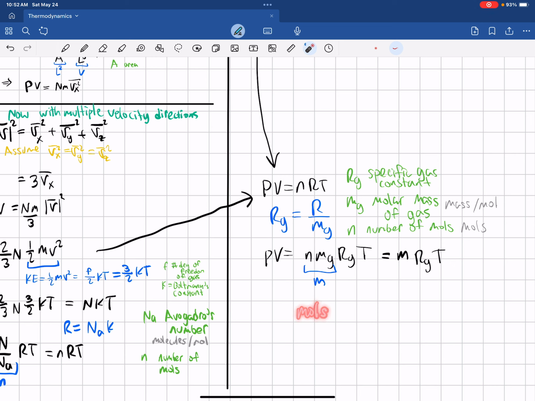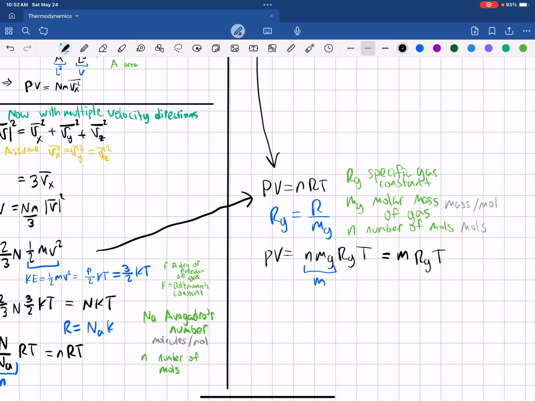So n times Mg, in terms of units, is the moles times the mass per mole, which is equal to the mass. So that's why it's m. And so now we have PV equals mRgT. So that's what we were looking for.